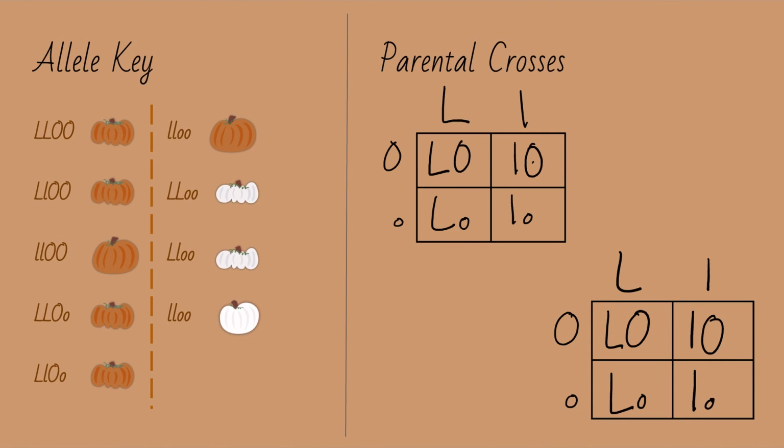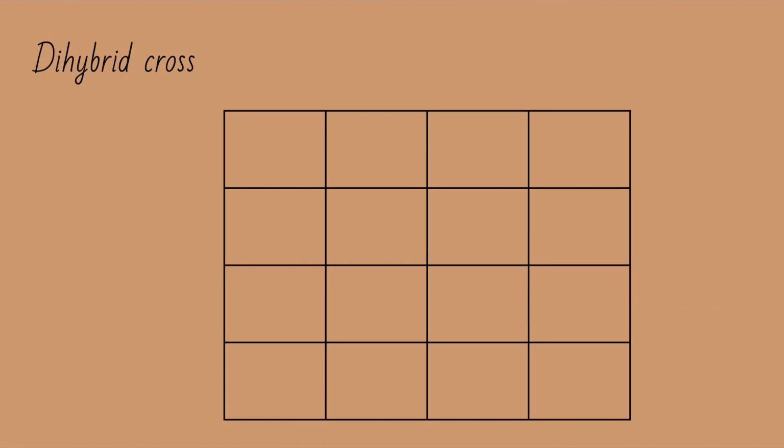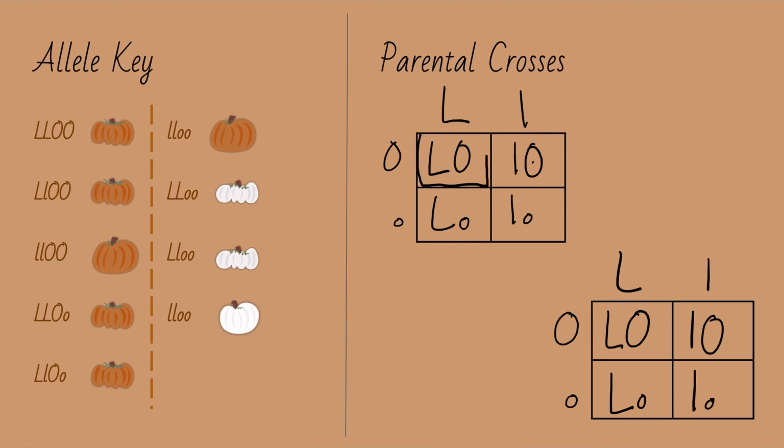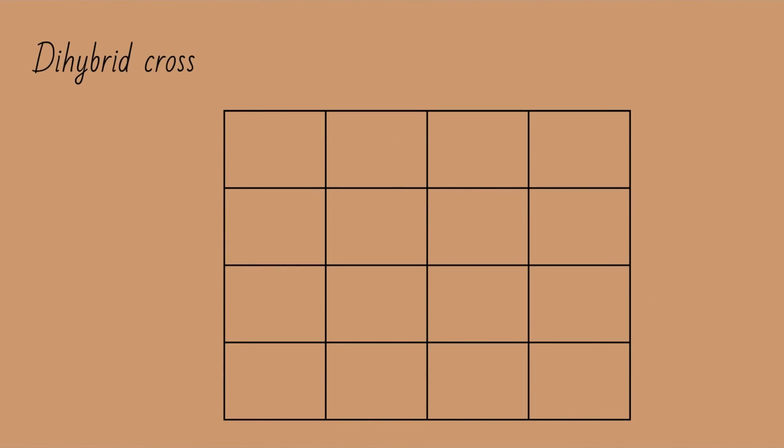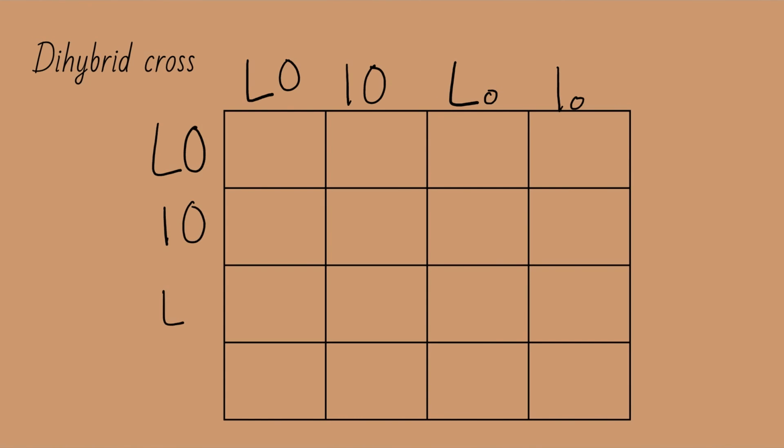So these should come out looking exactly the same as each other. So now we're going to take the gametes, so those are the combinations inside our Punnett square, and we're going to place them along the top and along the left side of our dihybrid cross.